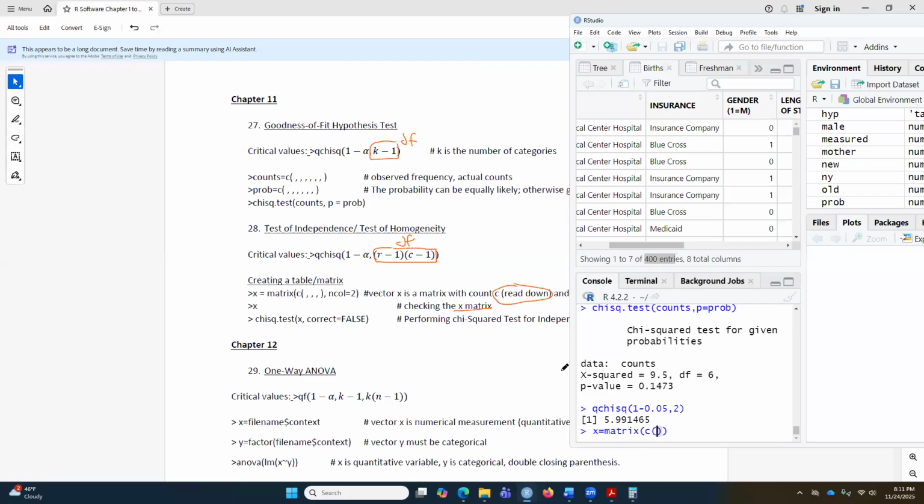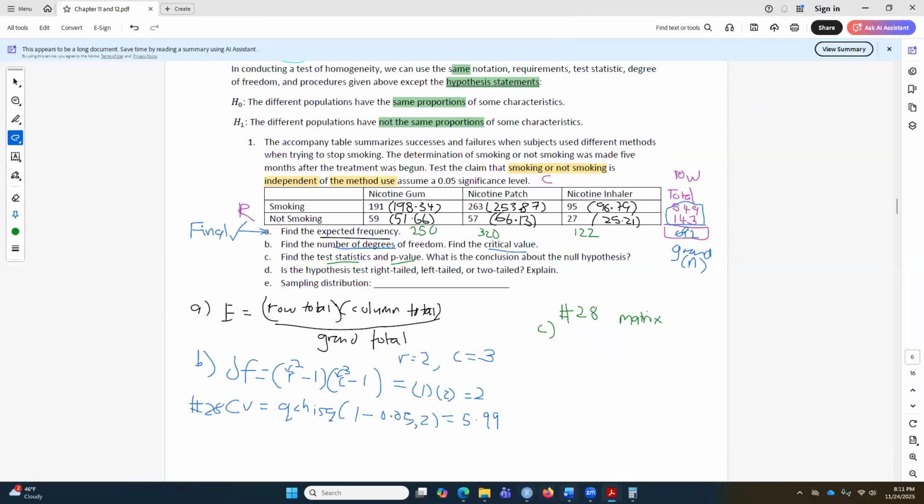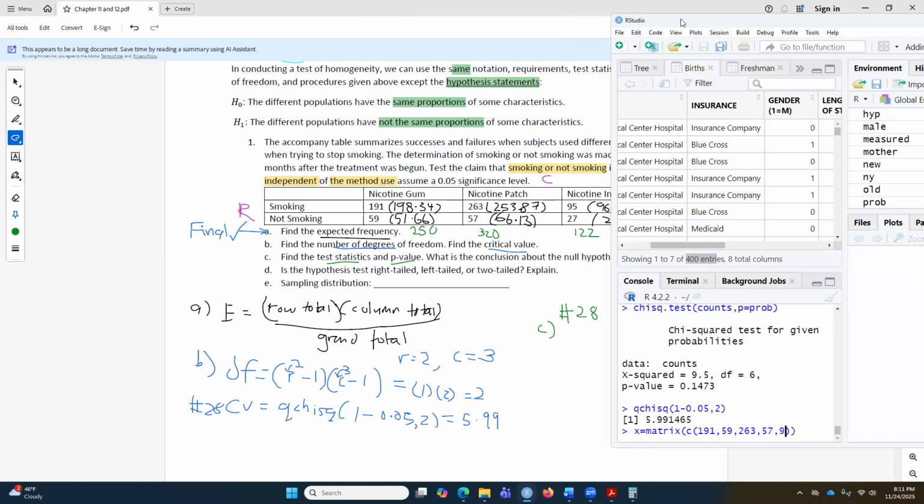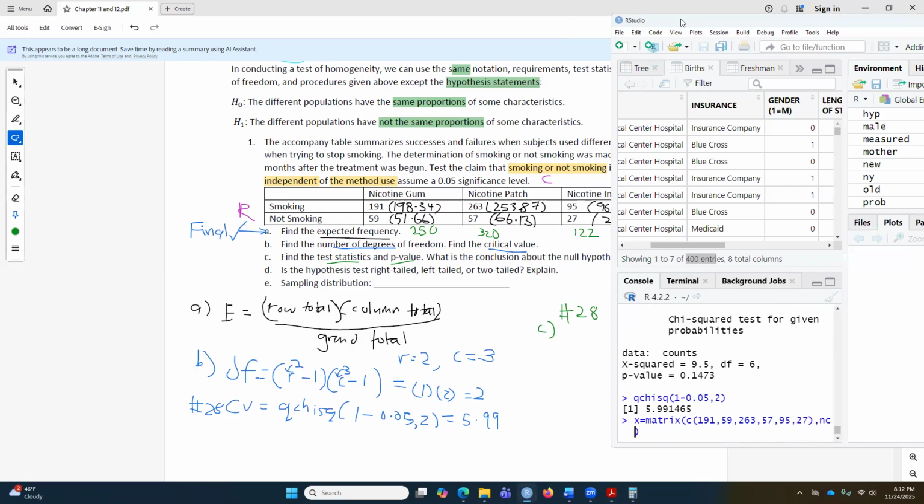There you go, my table. Make sure you read downwards. Don't read across, otherwise you get it wrong. So the first number is 191, comma, and then 59, and then 263, 57, and then the last two numbers are 95 and 27. And then close your first parenthesis.